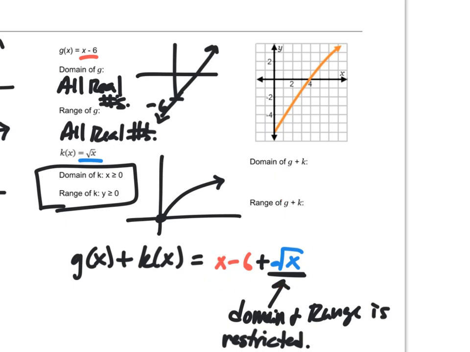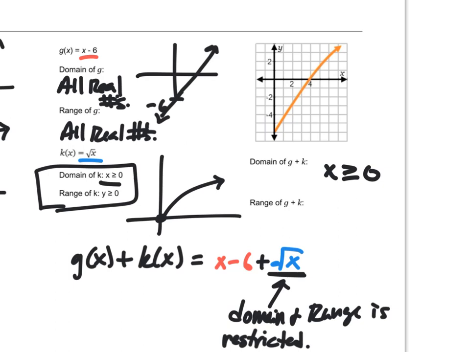So if you take a look at this graph, it says, what's the domain of this? And because you have this square root, you physically cannot plug in negative values in for x anymore, okay? You can plug a negative value in here, but you can't plug a negative value in here. So when you restrict that, the domain is still going to be that x is greater than or equal to 0.